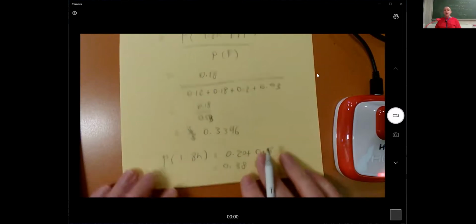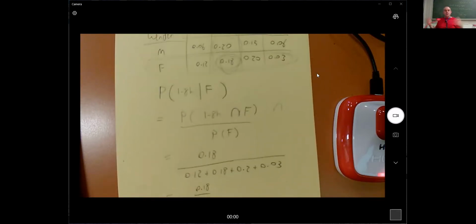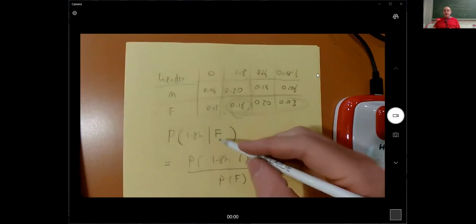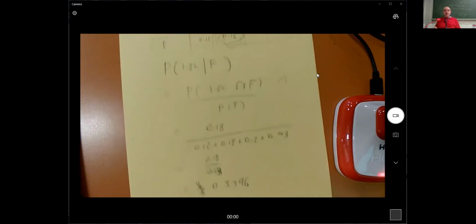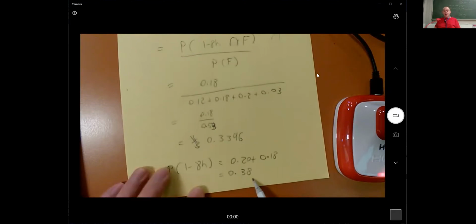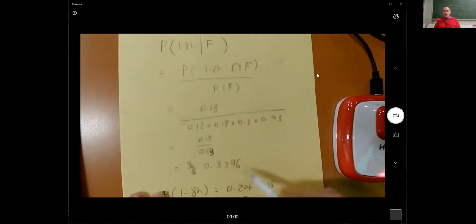And so therefore the event of being female and the event of working from 1 to 8 hours are not independent, because knowing about one, when I don't know whether they're female, this is the probability of working 1 to 8. But when I do know whether they're female, this is the probability of working 1 to 8, and they're different. So they're not independent, those events.